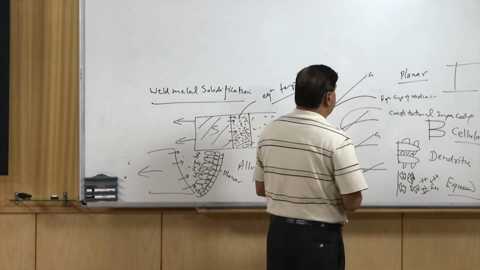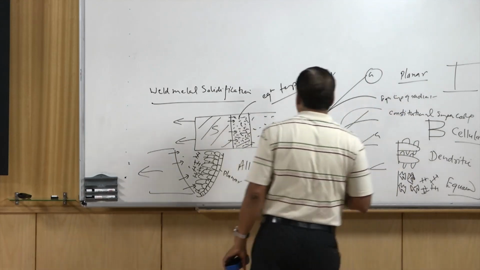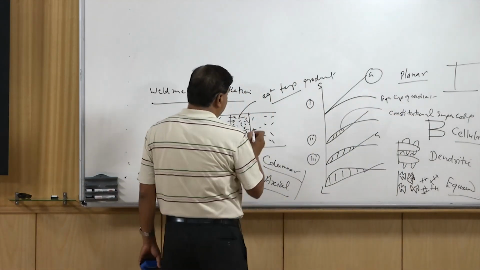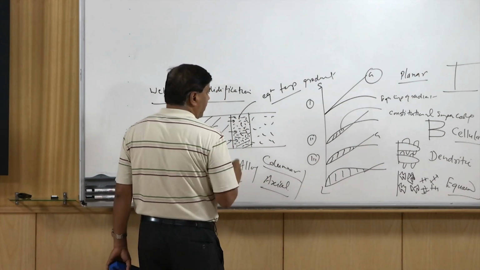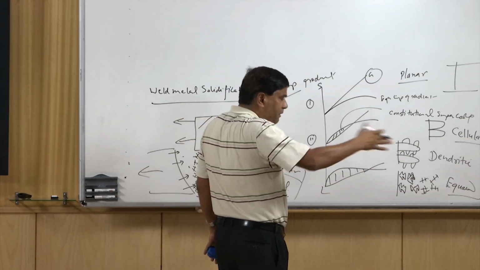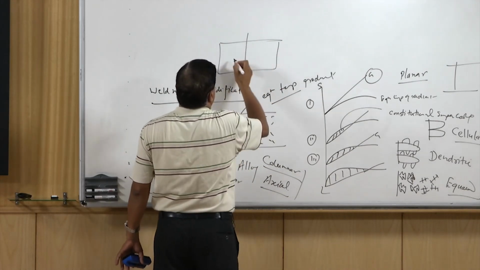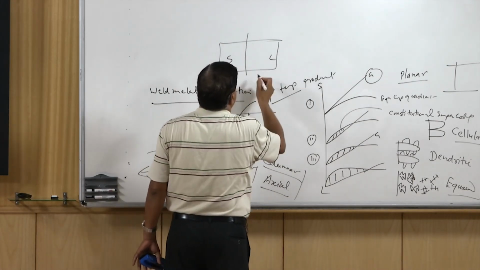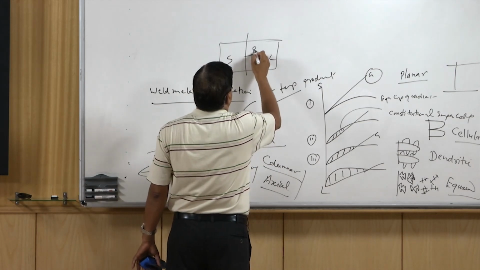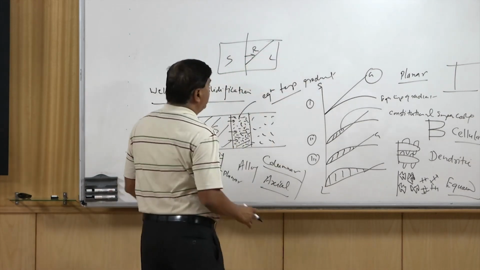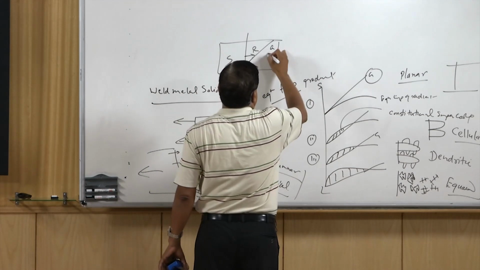One important parameter is G, the actual temperature gradient, and another is R, the rate at which the solid-liquid metal interface will be moving. If this is the solid-liquid interface, solid this side, liquid this side, then at what speed it is moving and what is the temperature gradient, these two factors significantly govern.